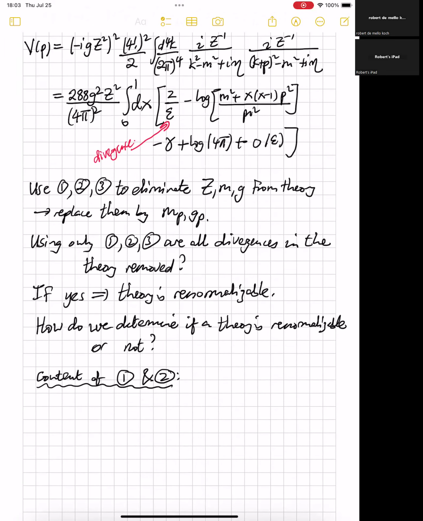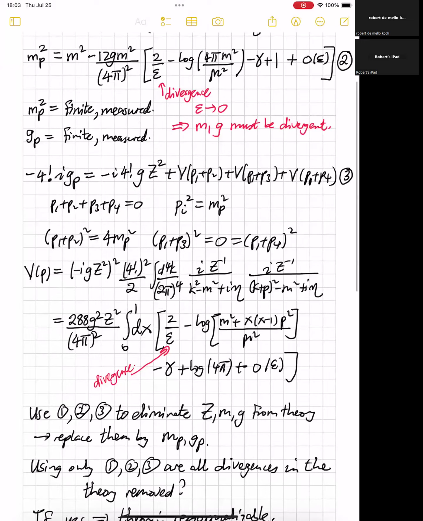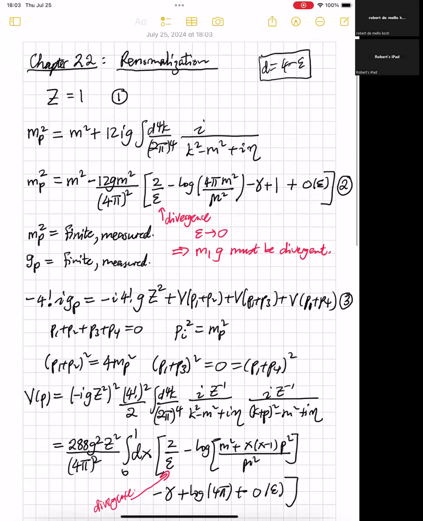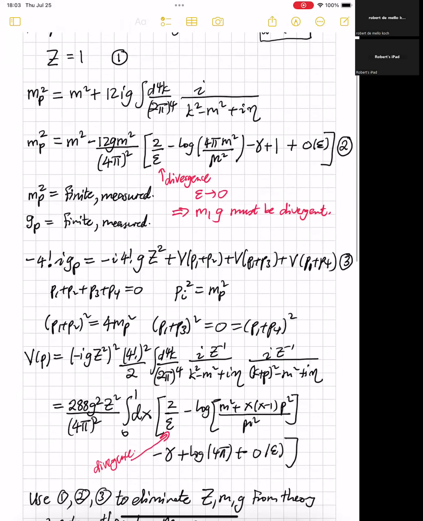I'm going to be satisfied to work to one loop only. You could easily check yourself by going to higher loops that the answers that we obtain do carry over to higher loops. A lot of the work in proving that a theory really is exactly renormalizable is proving that the analysis that we are going to do here at one loop can be carried through to all loops.